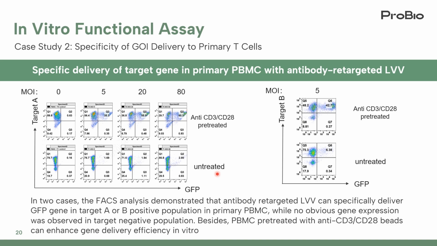The CD3, CD28 beads can activate the T cell, and the difference between the top and the bottom panel suggests that activated T cells come with much higher efficiency for in vivo gene deliveries. And the right panel with the biomarker B basically tells the same story.